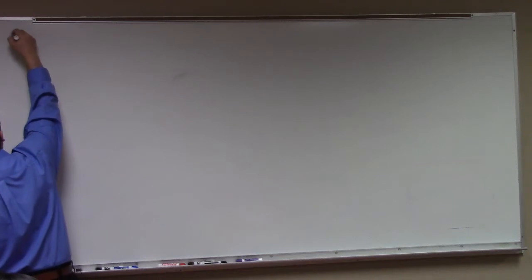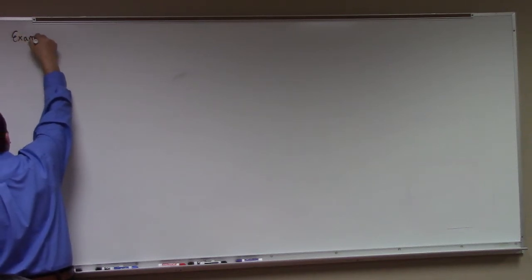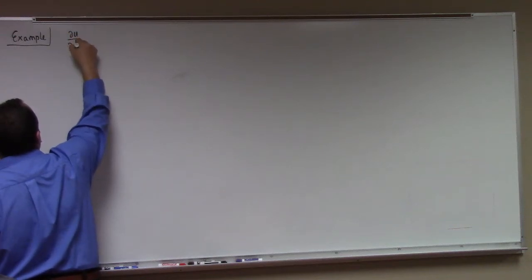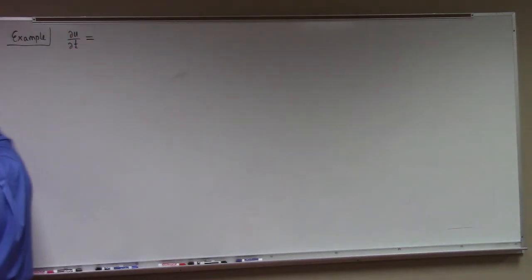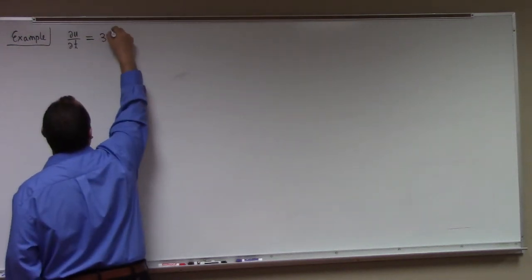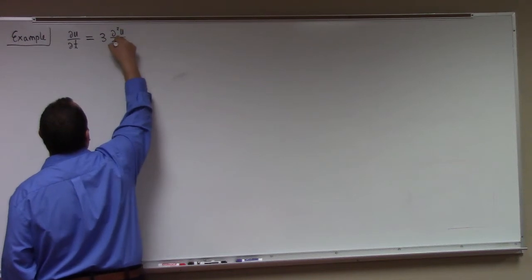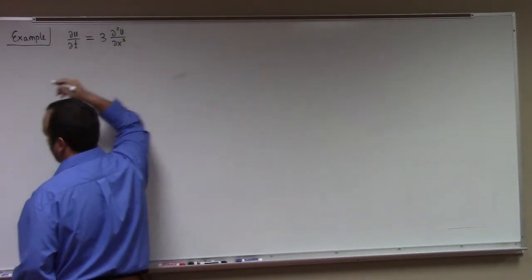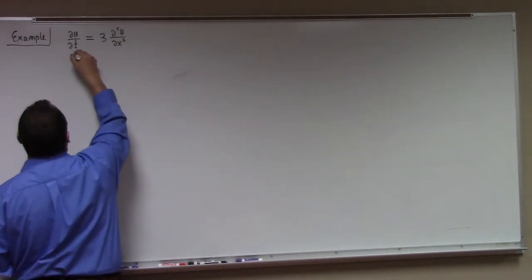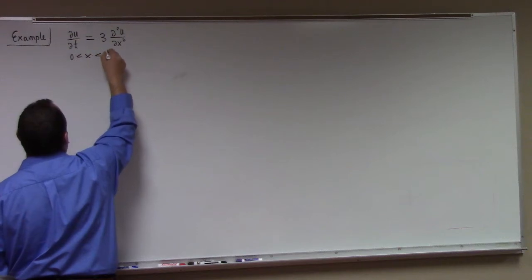Let's try to solve partial u, partial t equal to 3 partial squared u, partial x squared, on 0 less than x less than pi.